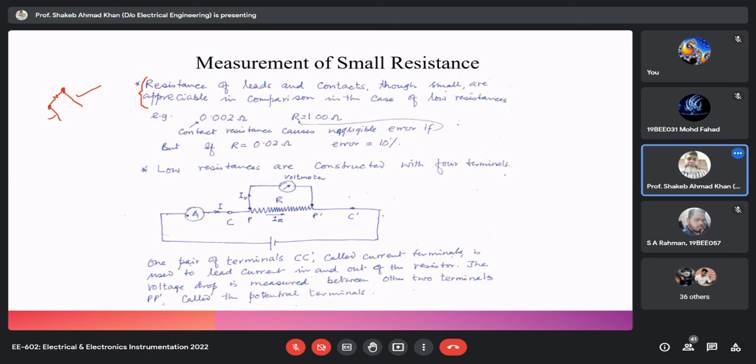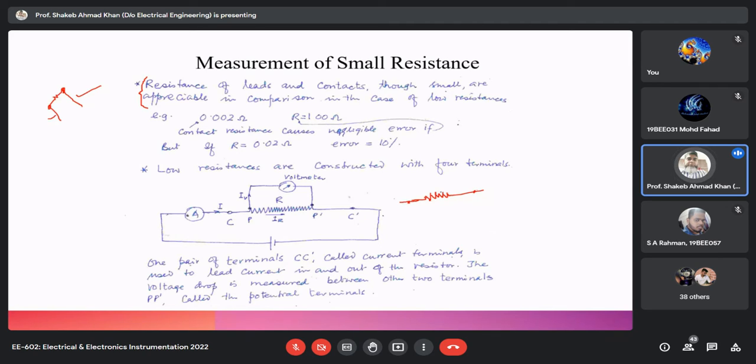So here you see small resistances are many times four terminal resistances. If you go into the market and you want to purchase a small resistance, you can ask for the four terminals. It has two current terminals and two potential terminals.